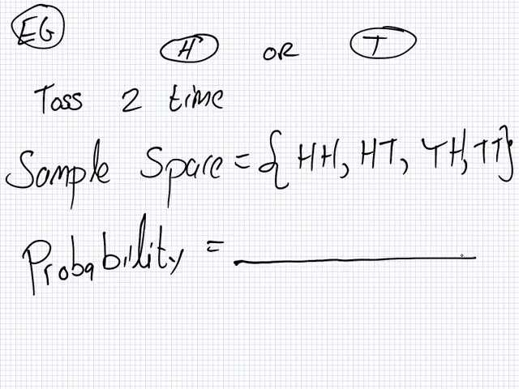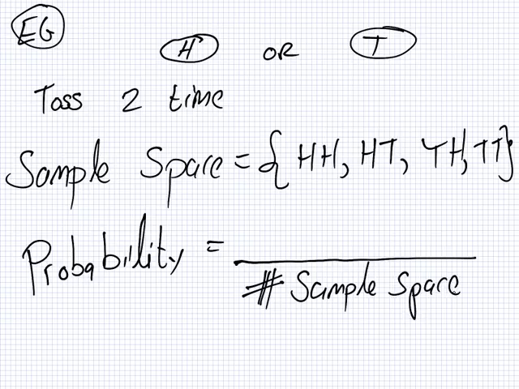Almost. Yeah, so on the top, it's not quite desired outcomes, it's the number of outcomes that you want. On the bottom, we have the size of the sample space. So how big it is. In this example, it will be 4. And then here on the top is the size of the desired outcomes, the outcomes that you want.